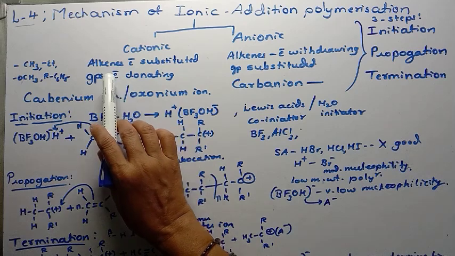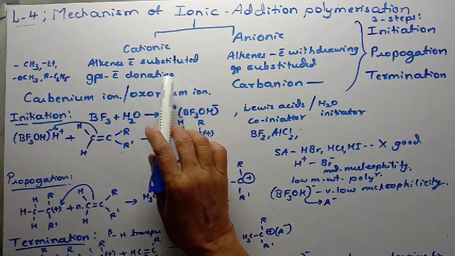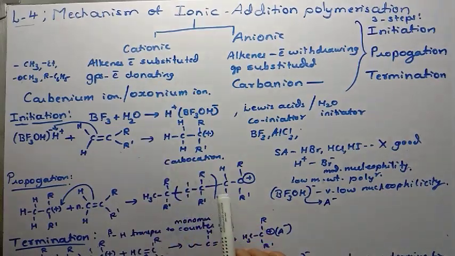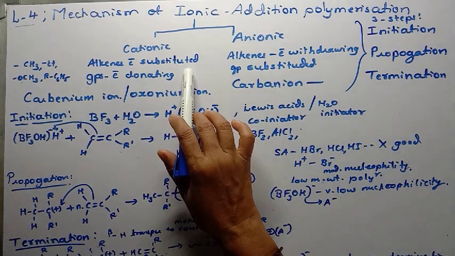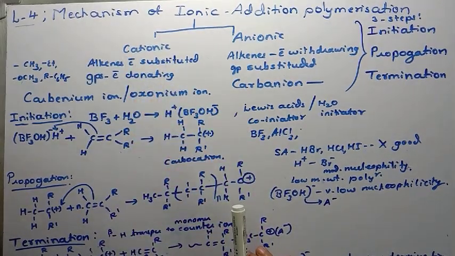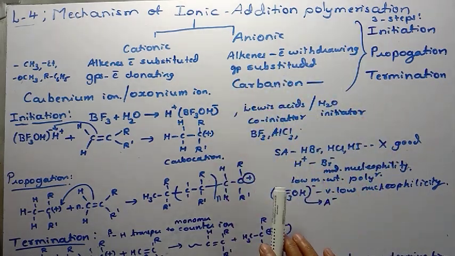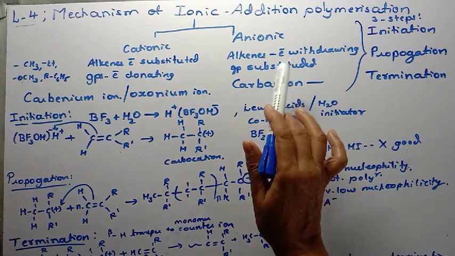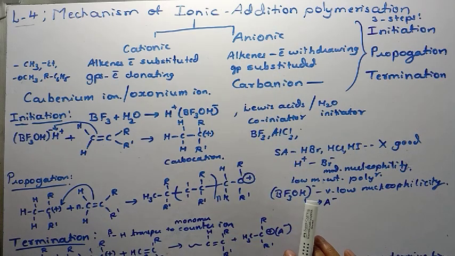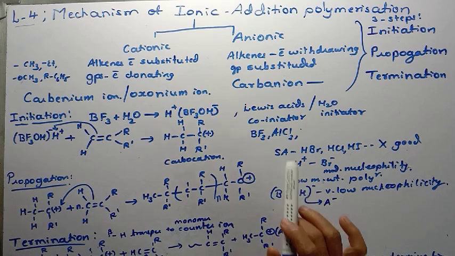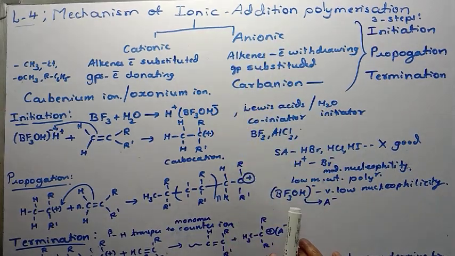Alkenes with electron donating substituent groups on the carbon of the double bond undergo cationic polymerization, and alkenes with electron withdrawing groups on the carbon of the double bond undergo anionic polymerization.